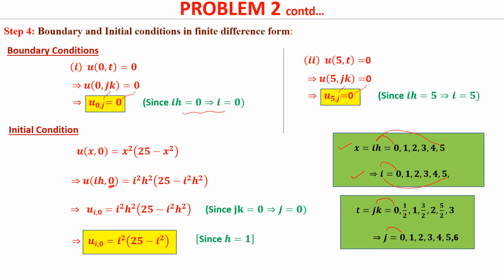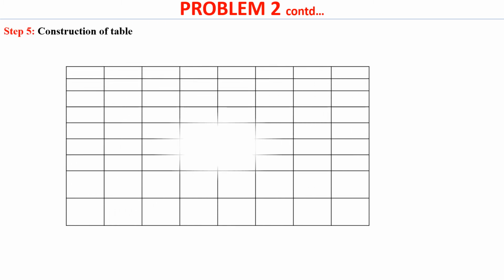Let us proceed with step 5. Let us start by constructing the table. Let's draw the table first. Then write x is equal to ih here, t is equal to jk, and then write i and j along the row and the column, and fix the values from step 3 directly in the table.